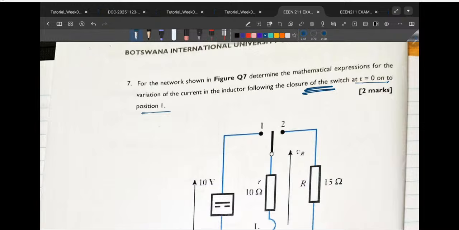So you're going to say I(t) is equal to V over R multiplying 1 minus e to the power of minus Rt over L. This is what you'd actually have.